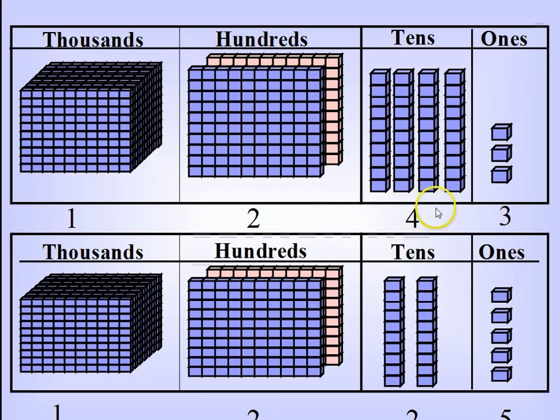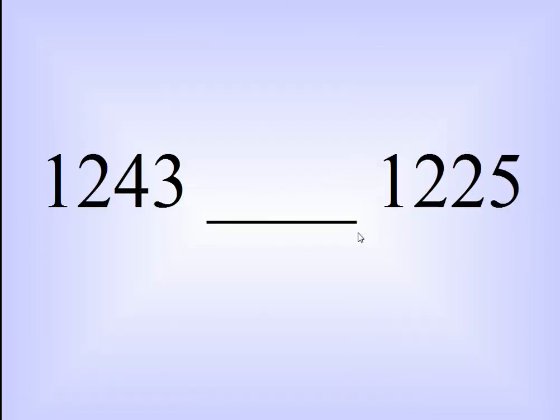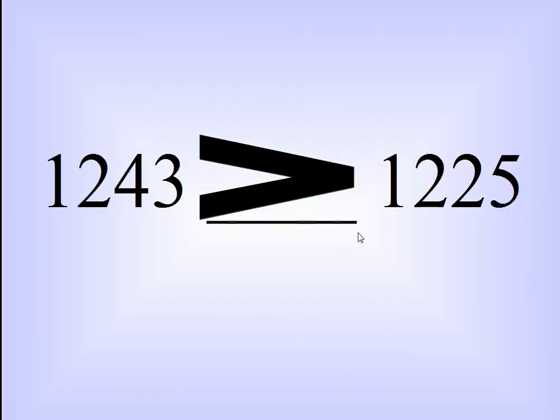I have 1, 2, 3, 4 here and 1, 2 here. Well, 4 is greater than 2. I've got more here, and this is a very good visual of seeing 4 is greater than 2. So I can tell that 1,243 is greater than 1,225.